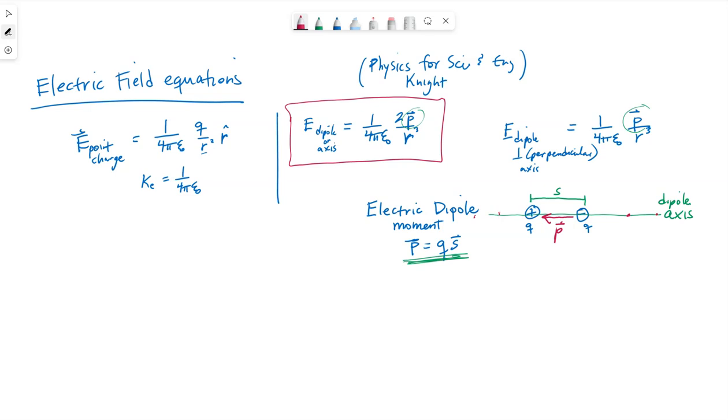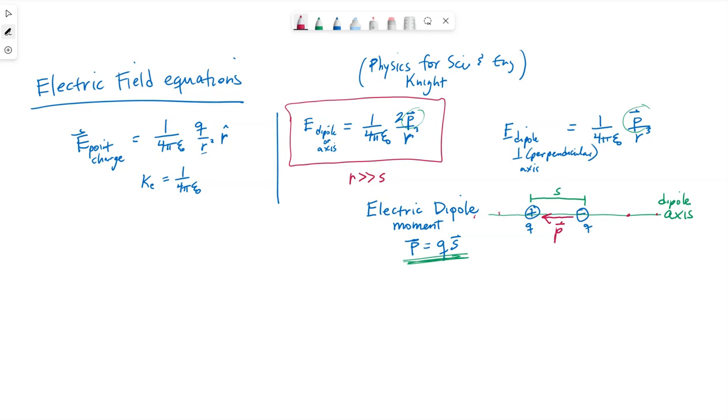But this equation is specific to R being much, much bigger than s, to the point that these charges essentially look like they're overlapping. So s is an insignificant number compared to how far away.